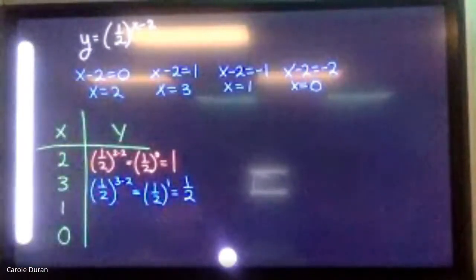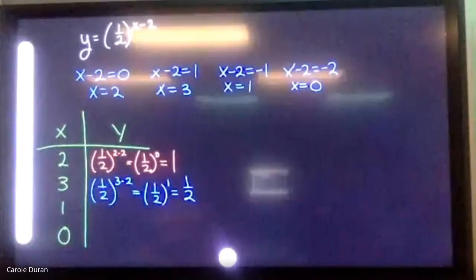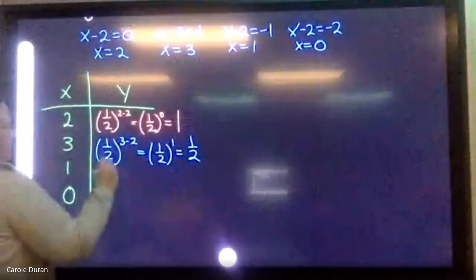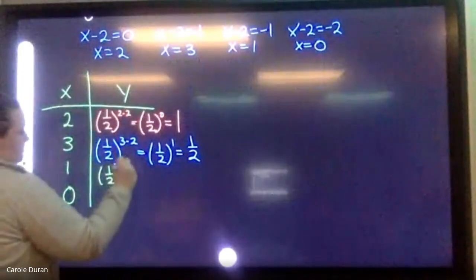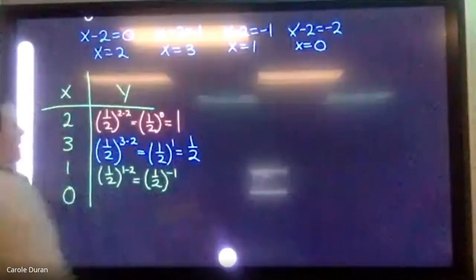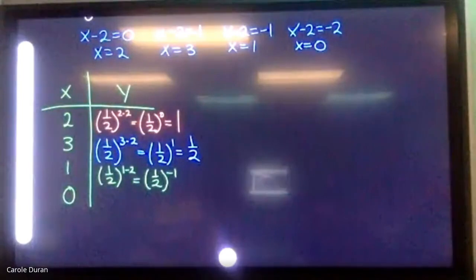And we keep doing this with the 4 x's that I have. When I plug in 1 for x, I get 1/2 to the 1 minus 2. 1 minus 2 is -1.